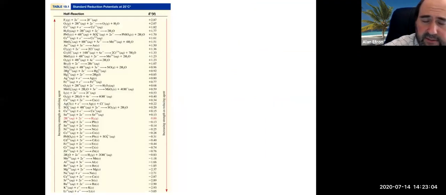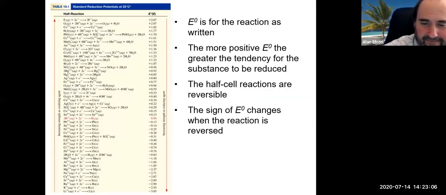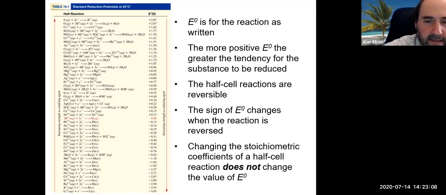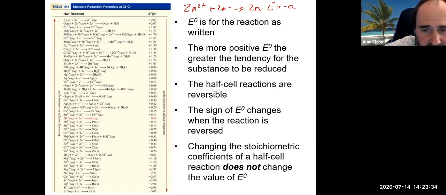Here's another table, which clearly you could see with a magnifying glass, I suppose. But let's just talk about some things that we do see in a table like this. The E is written for the reaction as it is actually written. So technically speaking, if you're talking about the zinc plus the 2 electrons going to zinc, the E value would be the one that you found on the table.